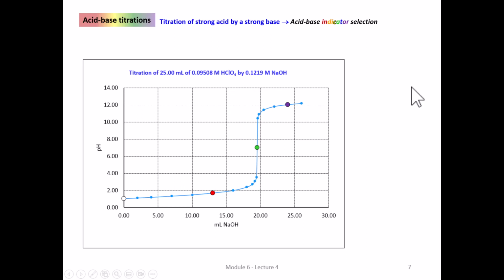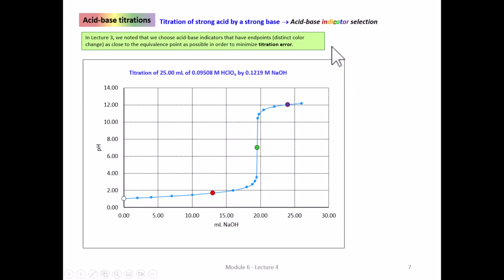But here we can justify why the indicators we chose before would probably work. Remember, what we want to do is pick indicators that minimize our titration error. It might be good to formally define what we mean by titration error. The titration error would be the titrant volume that you've added at the endpoint minus the titrant volume at the equivalence point. That would be the titration error, and we want that to be at a minimum.